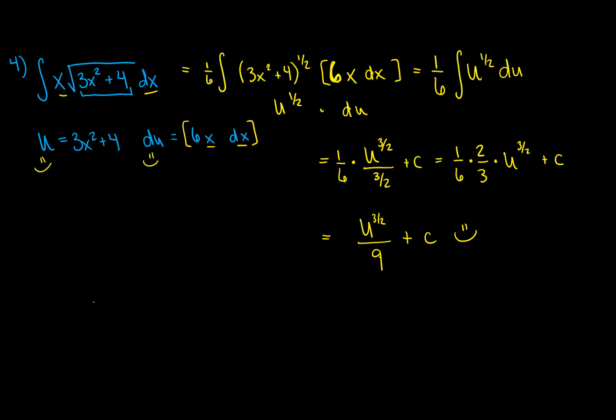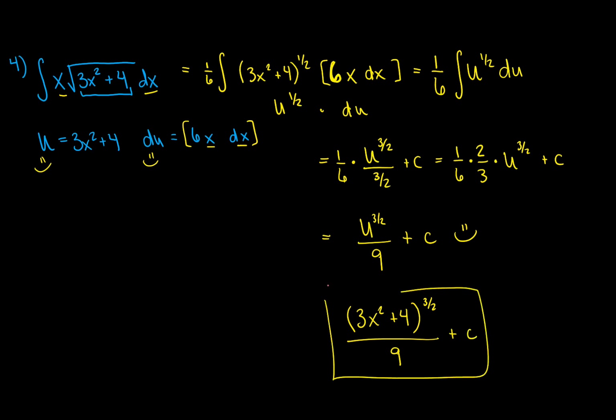All right, that's as simplified as I can get it. And now I'm going to put it as my x terms. So I'm going to put my x terms back. So u is 3x squared plus 4. And we're going to put that to the 3/2 power, divide that by 9, and add it to c. Excellent.